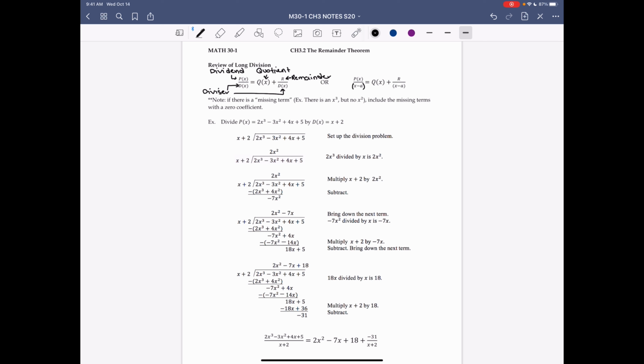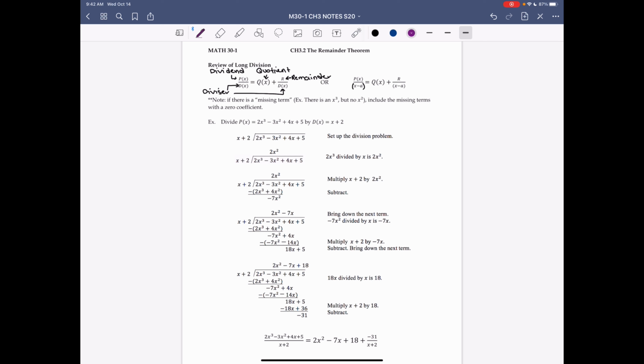Example, divide p of x equals 2x to the 3 minus 3x squared plus 4x plus 5 by d of x equals x plus 2. We start by setting up the division problem. We have x plus 2, that's our long division symbol, 2x to the 3 minus 3x squared plus 4x plus 5.